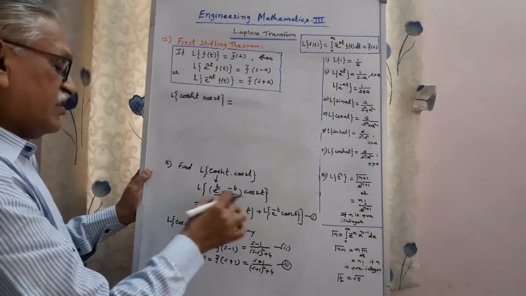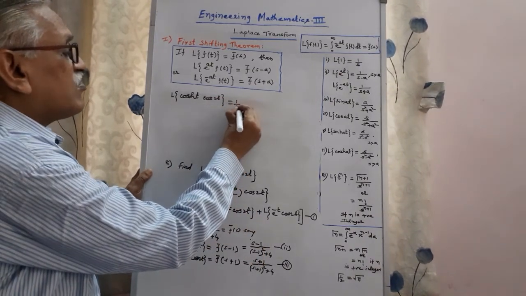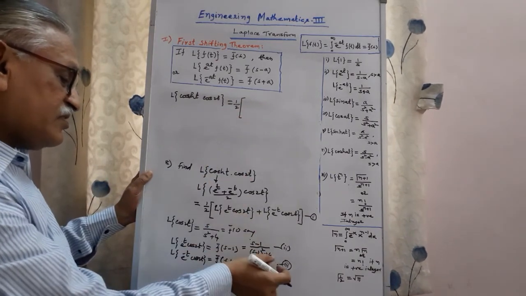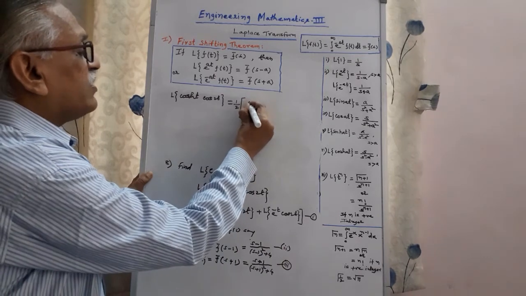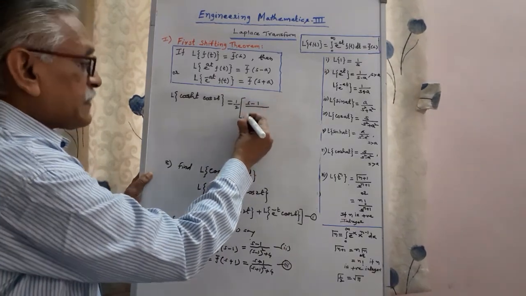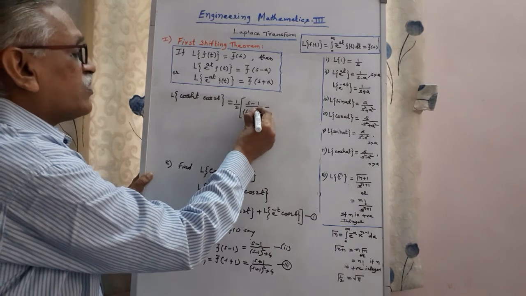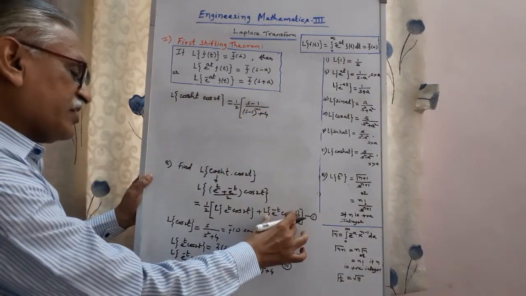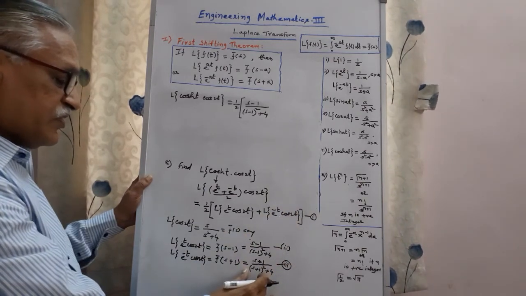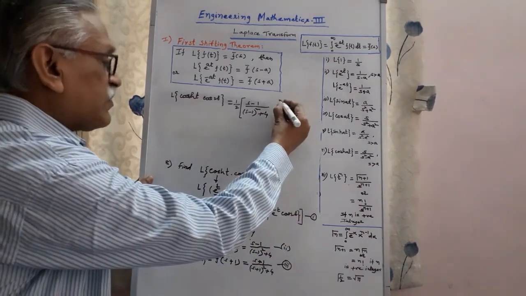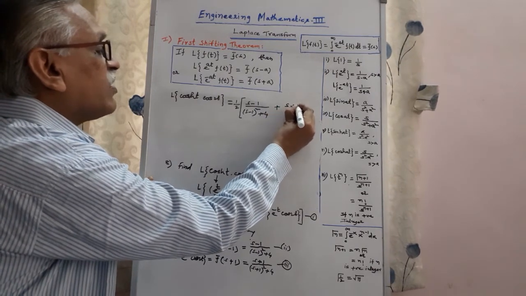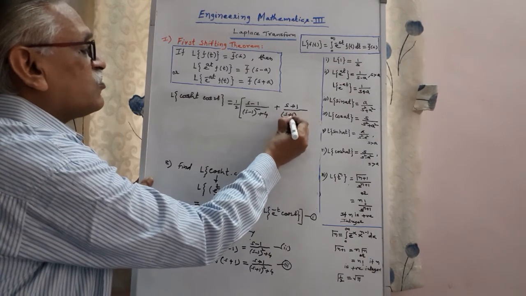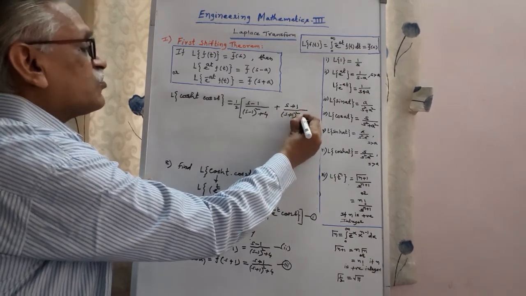Using equation 1, it is 1 by 2 times the Laplace of the first term, which is equation 2, s minus 1 divided by s minus 1 whole square plus 4, plus the Laplace of the second term, which is equation 3, s plus 1 divided by s plus 1 whole square plus 4.